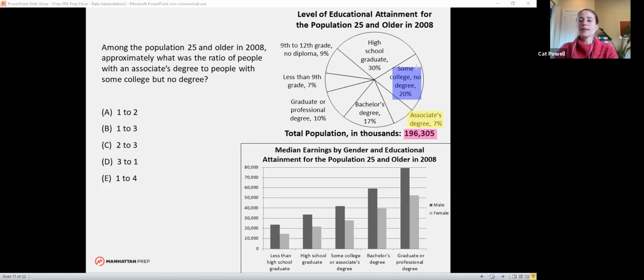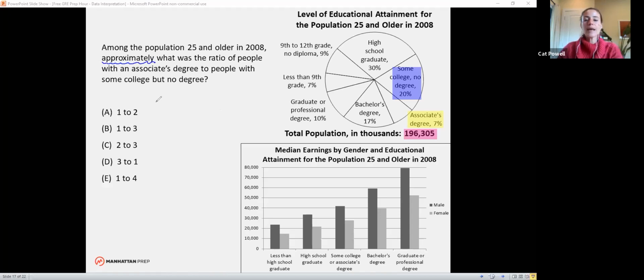So if I needed to know exactly how many people were in each of these categories, I could calculate it. Do I need to do that here, though? Do I need to say, okay, 7% is how many people? Why not? People are saying no. Yeah, I have the word approximately in the question.